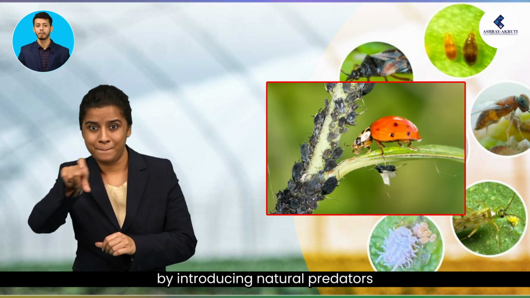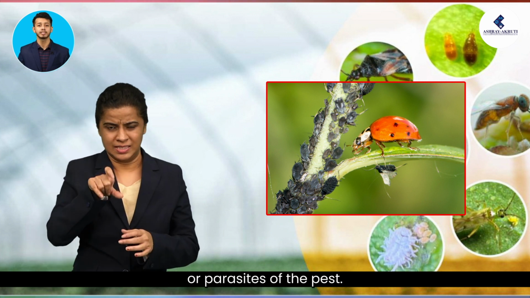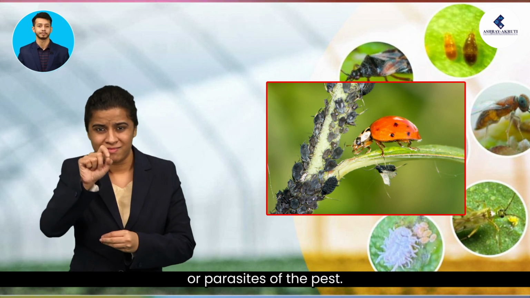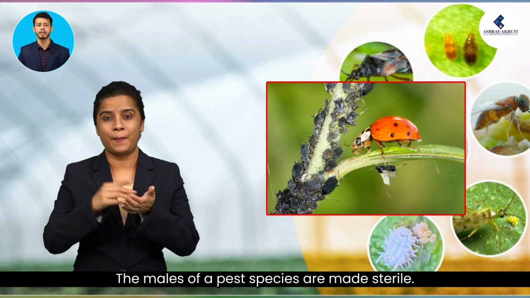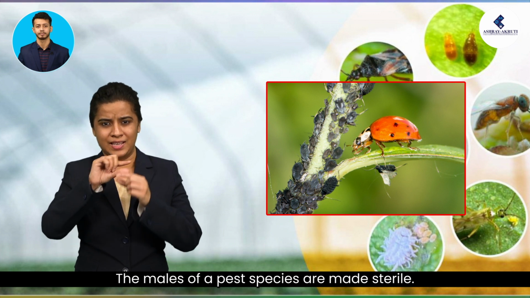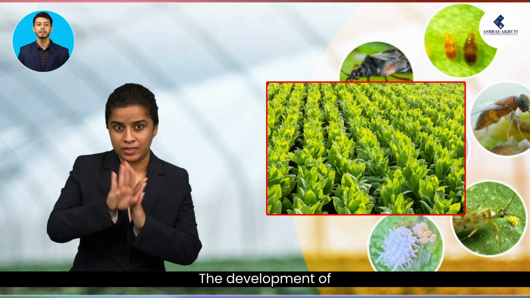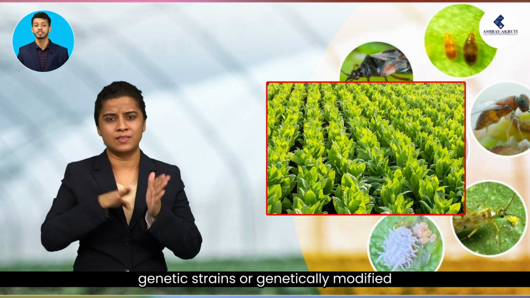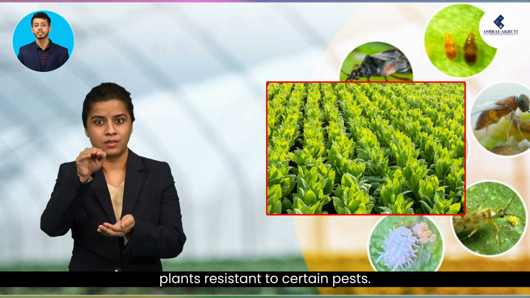Biological control by introducing natural predators or parasites of the pest. The males of a pest species are made sterile. The development of genetic strains or genetically modified plants resistant to certain pests.